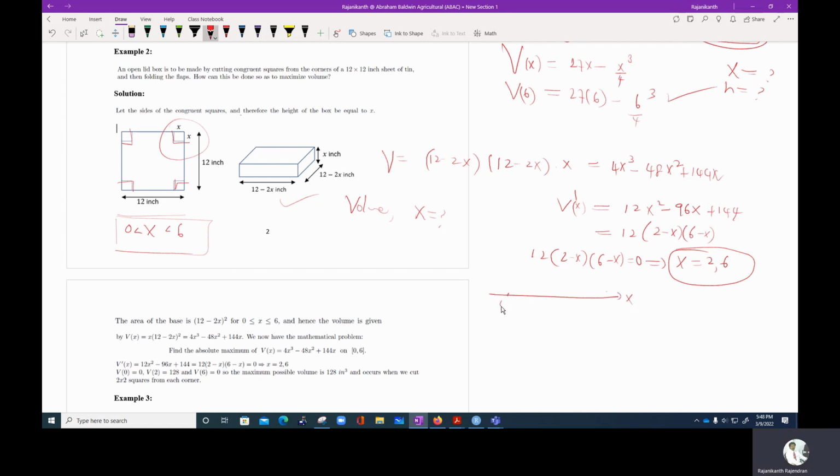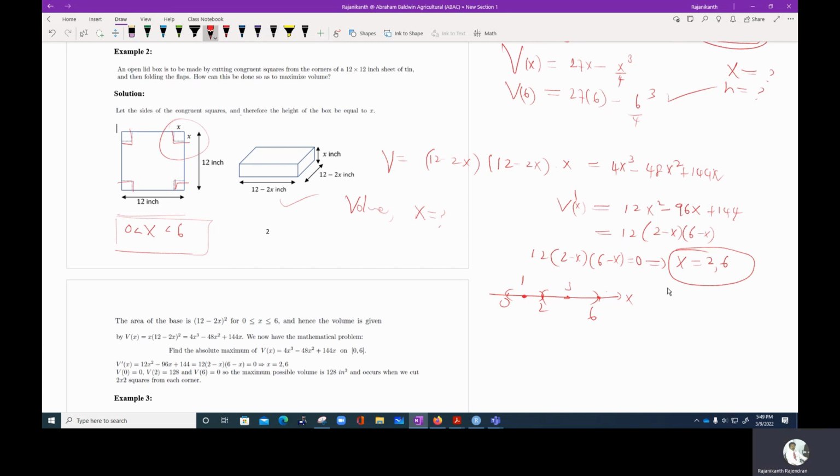Remember, my x is 0 to 6. 2 will be somewhere here. And find the sign of the first derivative. You could choose one test value, suppose say 1 and say 3.